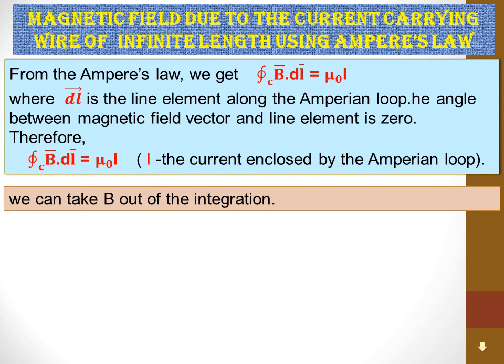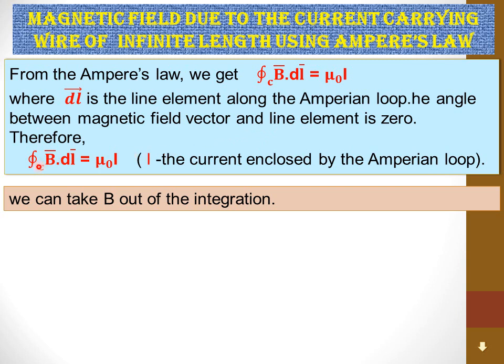From Ampere's law, we get closed integral C of B dot dl is equal to mu naught I, where dl is the line element along the Amperian loop, that means tangent to the circular loop. Hence the angle between the magnetic field vector and the line element is 0.